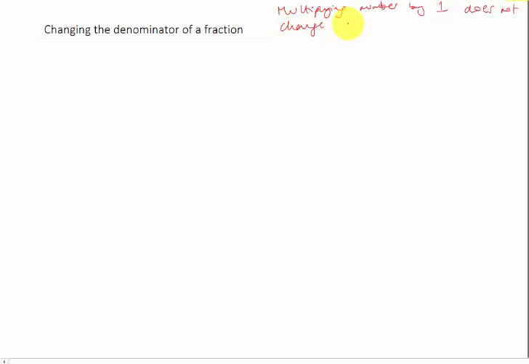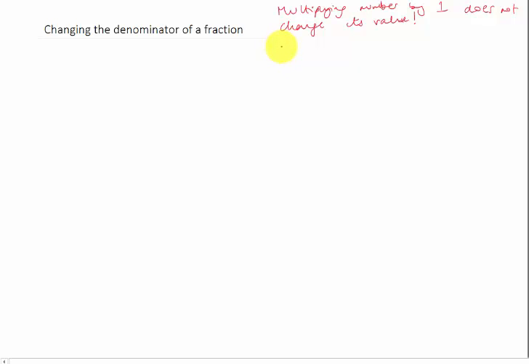It's going to happen quite often that you're going to want to change the denominator of a fraction that you're working with. And there's an important principle to remember when you're doing this: if you multiply a number by 1, that does not change its value. That's a general principle of arithmetic, and it's going to be useful to us here.